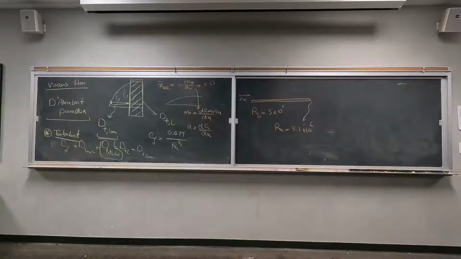We have the Reynolds number at the end location, at the end point, and we want to calculate the total skin friction drag coefficient. The first thing you want to find is the transition point, right? How can we find the transition point here?